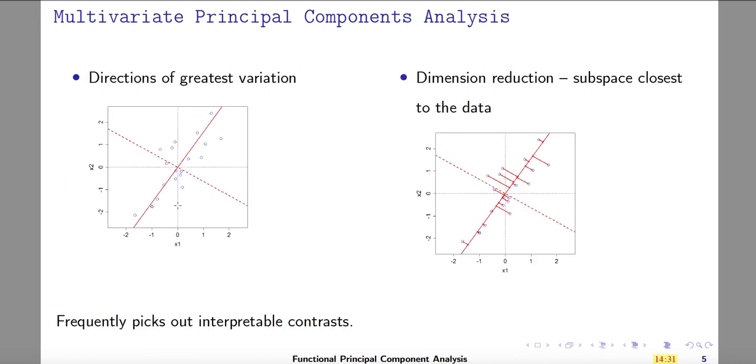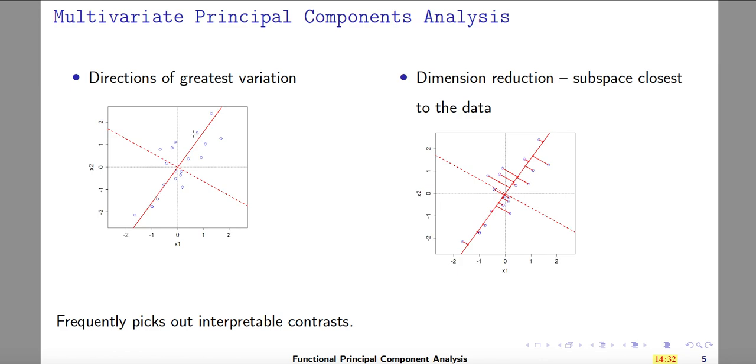Let's go back to multivariate statistics. When we have multiple variables, we have principal component analysis to define the direction of the largest variation. For example, this gives you one demonstration. Suppose we have two variables, x1 and x2, and each circle represents one individual observation.